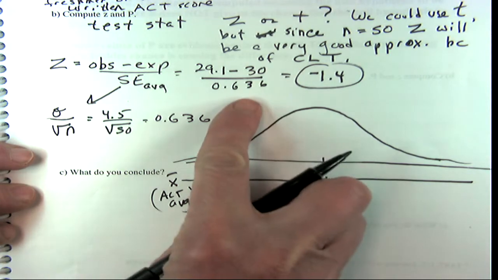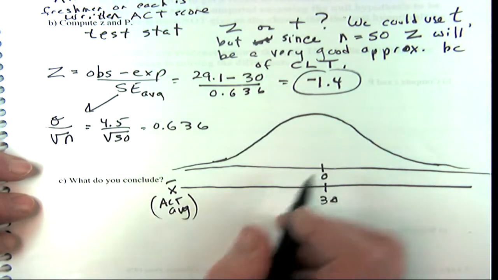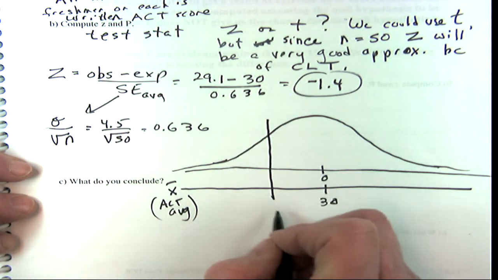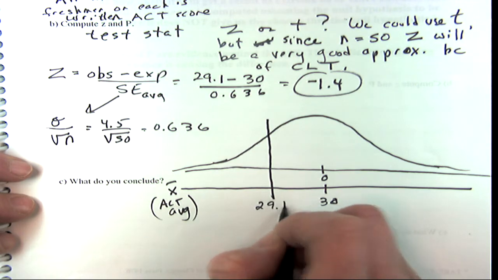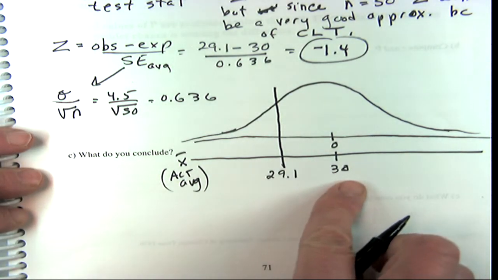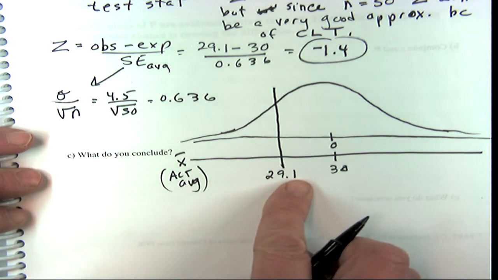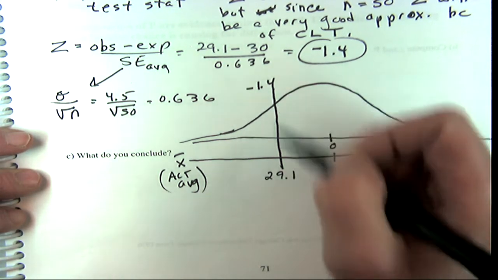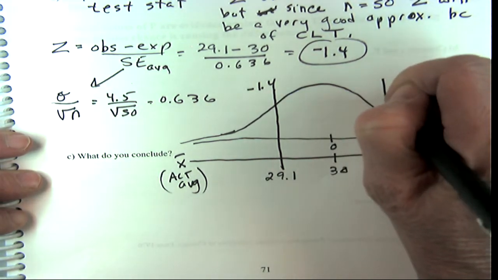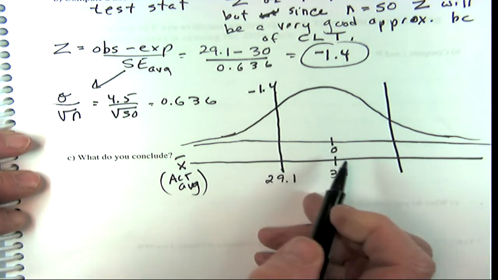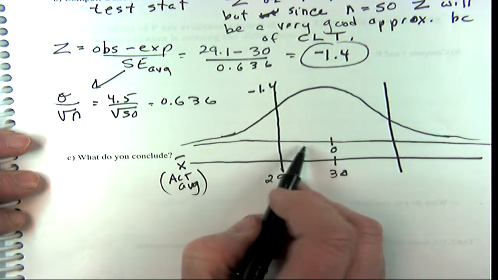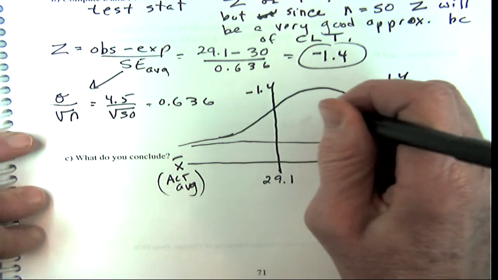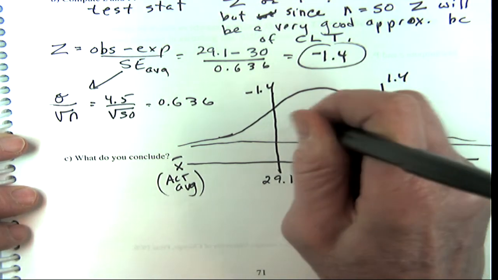Turns out the standard error is 0.6, so it's just like 1 and 1. Right here is where 29.1 is. That's our observed, that's our expected. That difference of negative 0.9 works out to about 1.4 standard deviations, because 1.4 would take you down 0.6 and then we went down. So we look that up, and it's about 84% approximately.